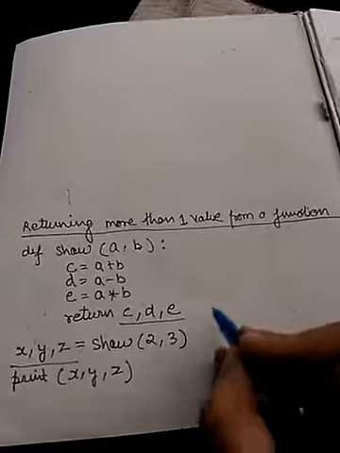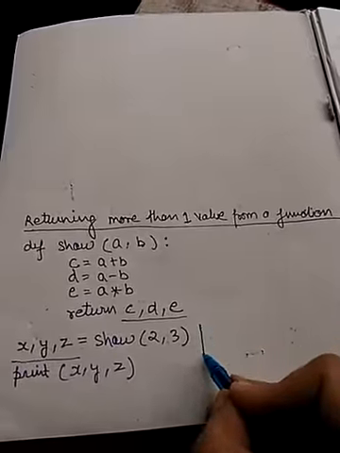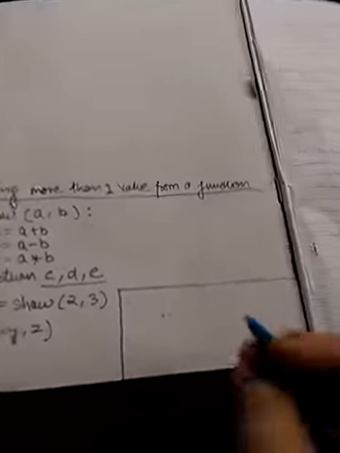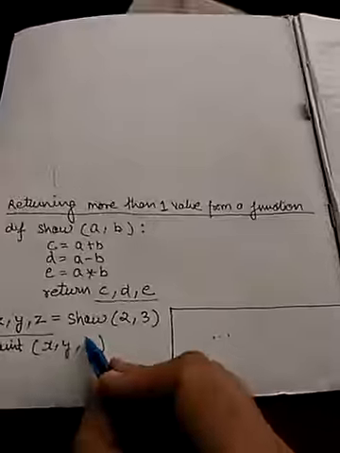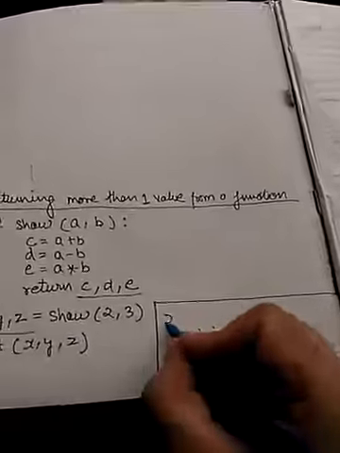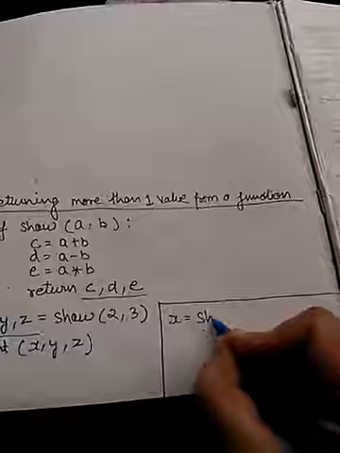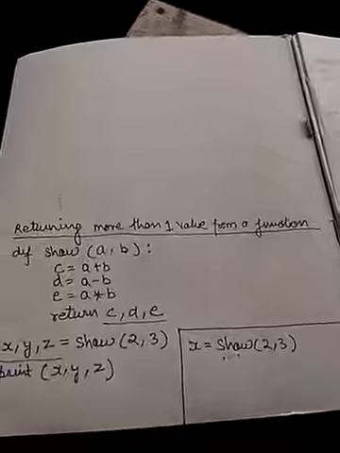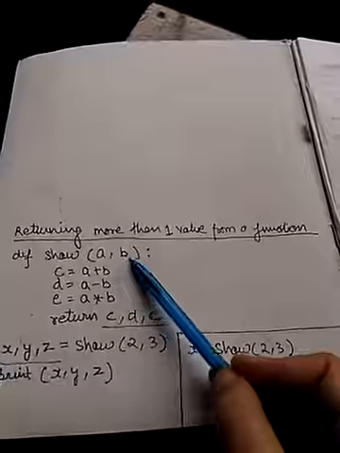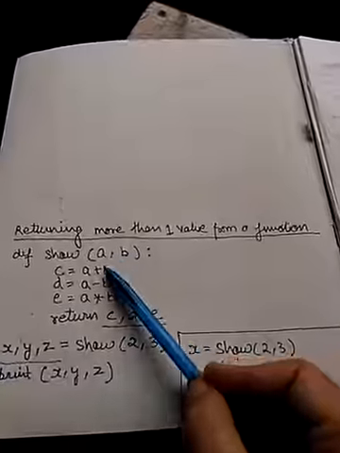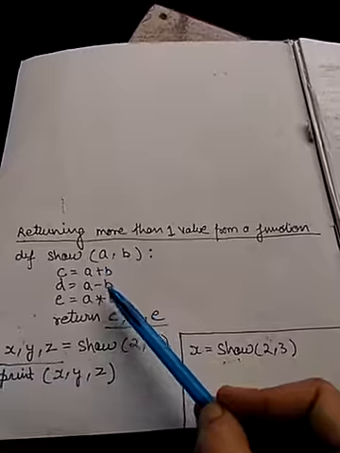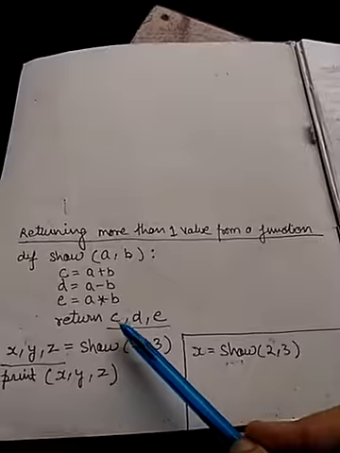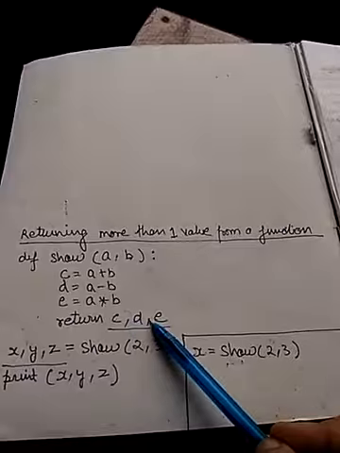One important thing: in this question, if you do it like this, let us say x equal to show 2 comma 3, again 2 plus 3 is 5, minus 1, and 6 are returned.